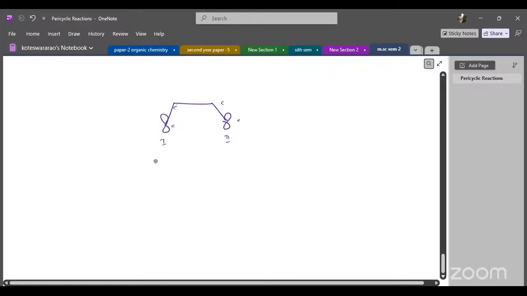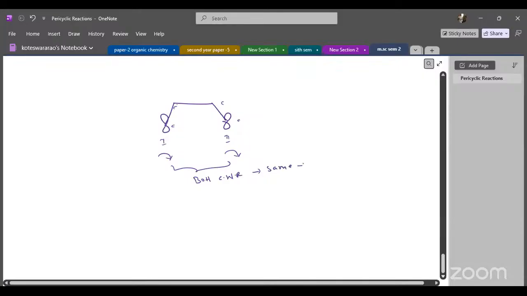The rotation at the first terminal may be clockwise, and at the second terminal also clockwise. Both are clockwise rotation. Therefore, this is known as same rotation.